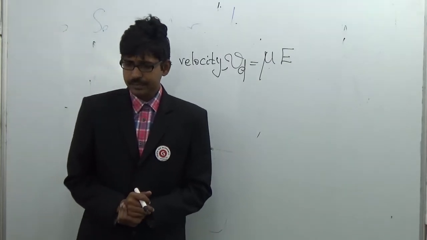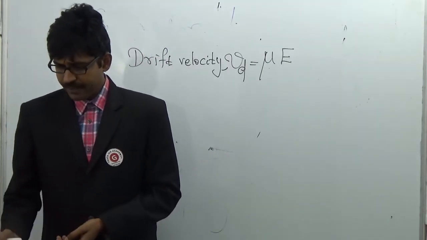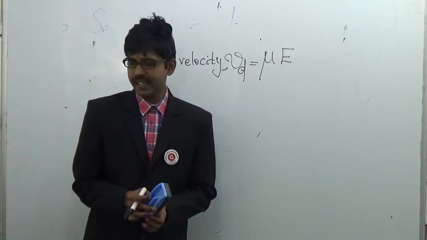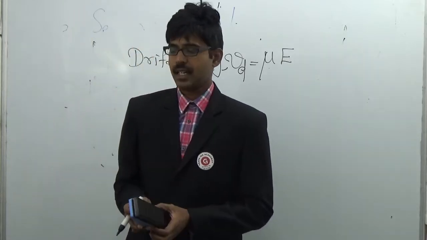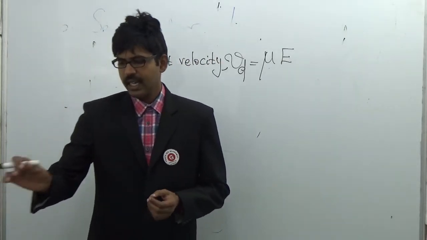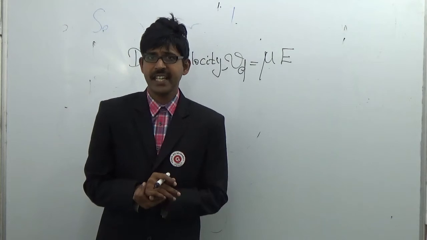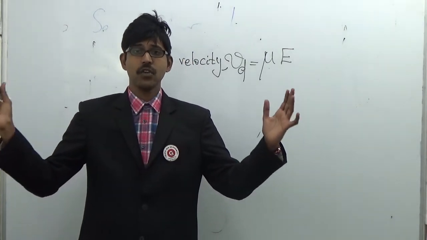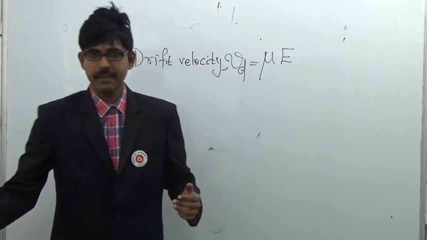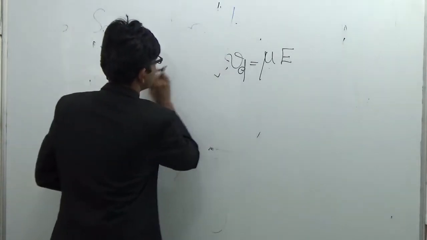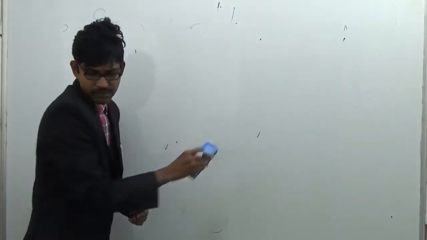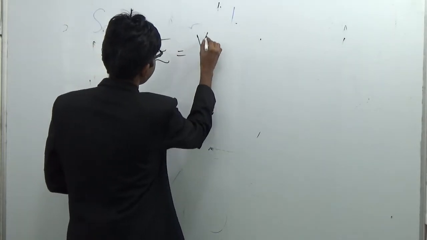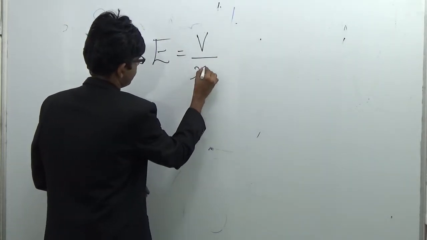Now, coming to the magnitude of an electric field. Having given potential and having given a displacement of x, you must be in a position to find the magnitude of the electric field, which is given by E is equal to V divided by x.